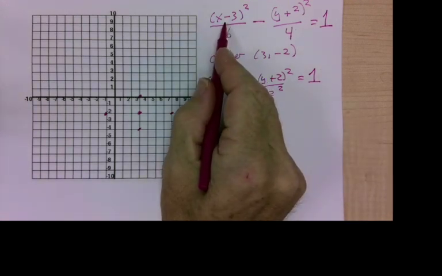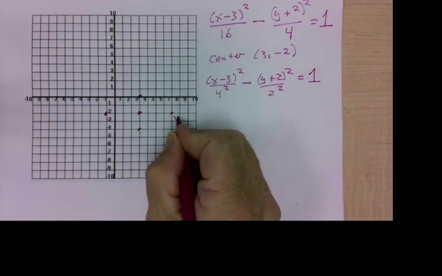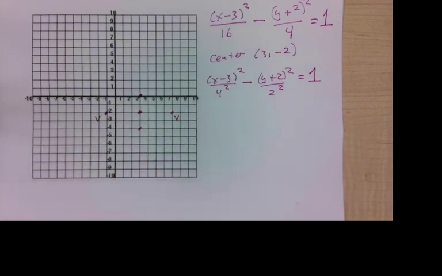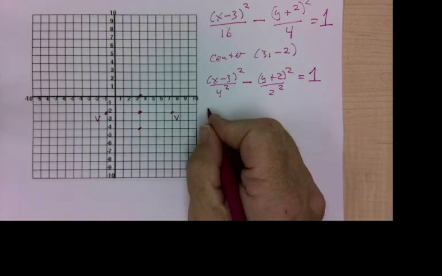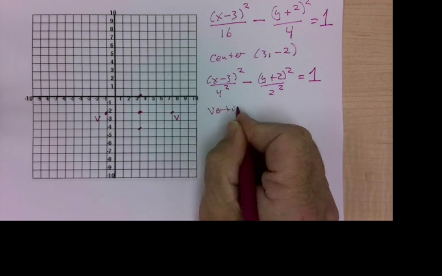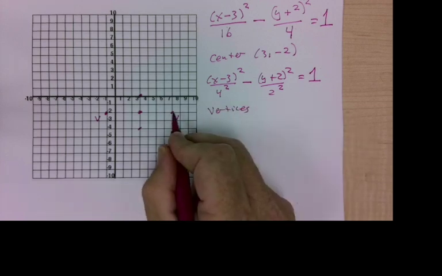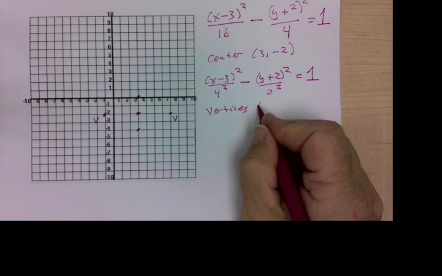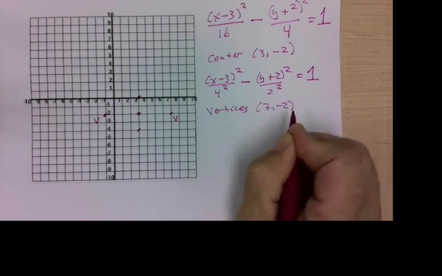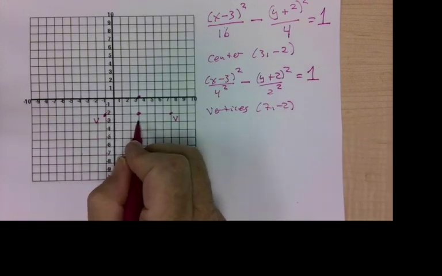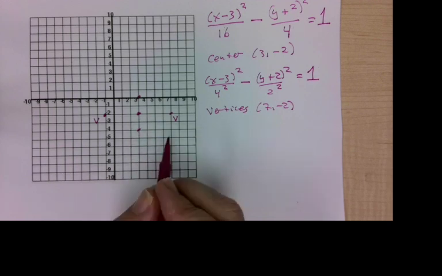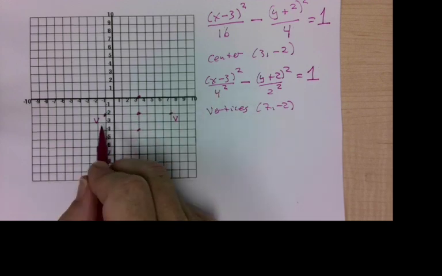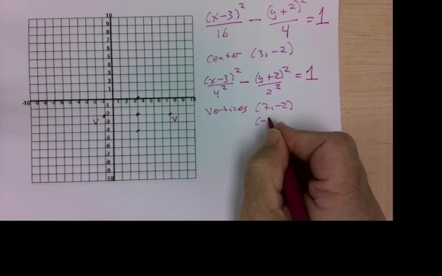Our transverse axis is horizontal. X comes first. So my vertices will be here and here on the horizontal part of this graph. So let's go ahead and label those. Vertices where? At 7, negative 2. And it looks like we move 4 back from 3, so it looks like negative 1, negative 2.